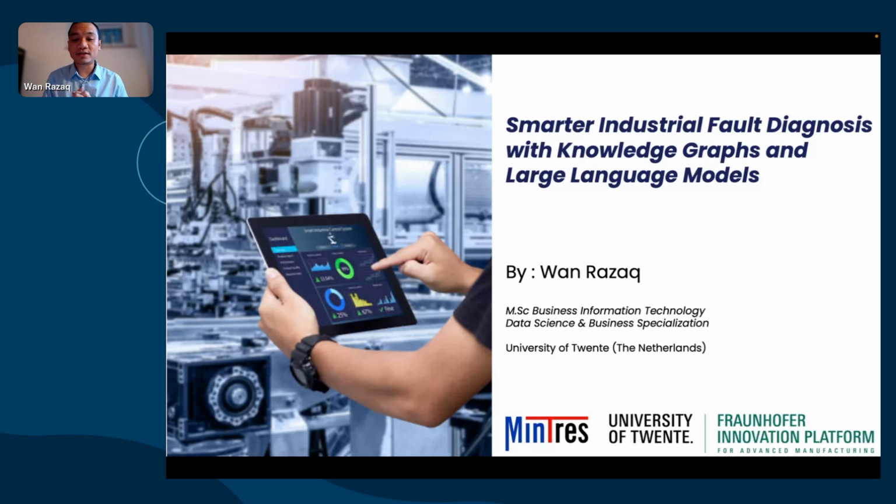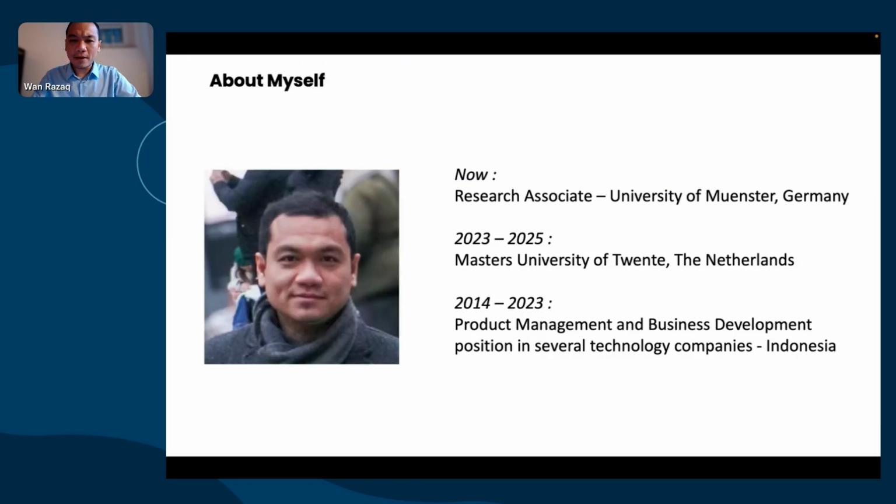This project has been done together with a manufacturing company in the Netherlands called Mintrus, that I'm going to talk about in detail later, and also a research institute called Fraunhofer Innovation Platform for Advanced Manufacturing.